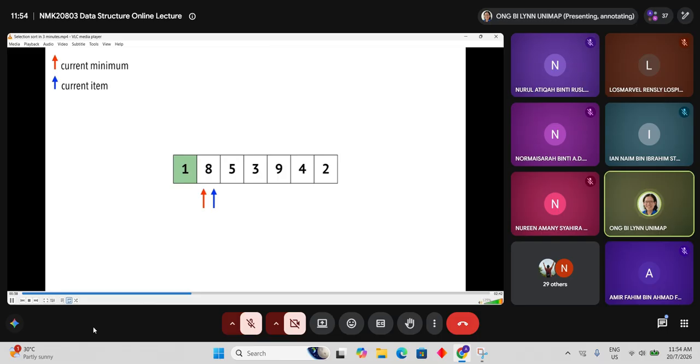Moving on, we set 8 as our current minimum and scan the remainder of the array for a smaller number, updating the current minimum as we progress. At the end, we find 2 and swap it with 8. We're ready for the next iteration.